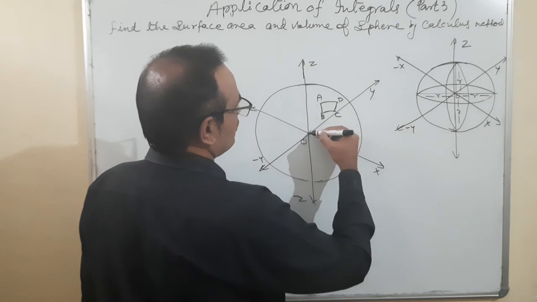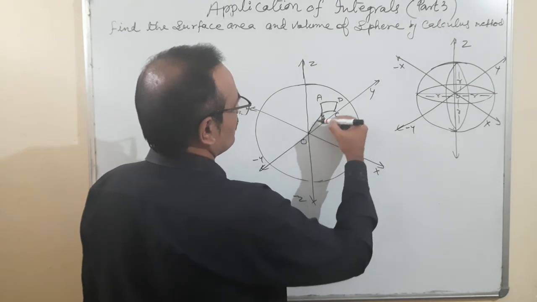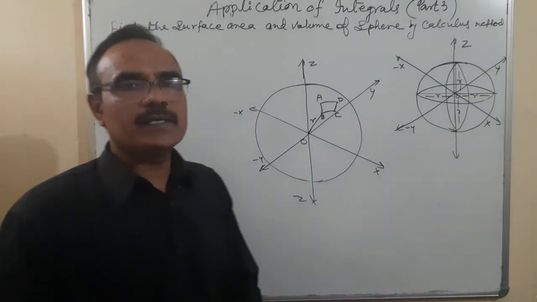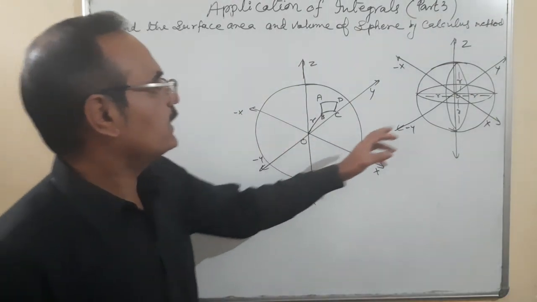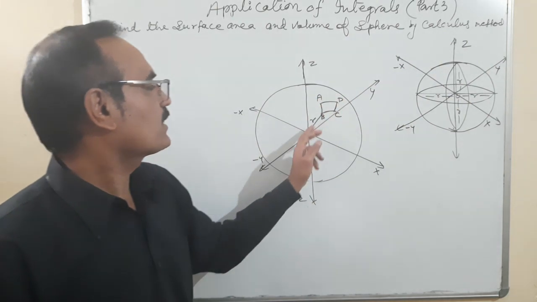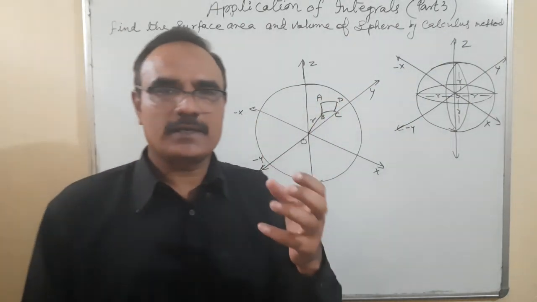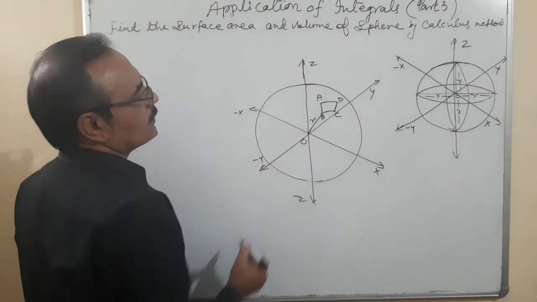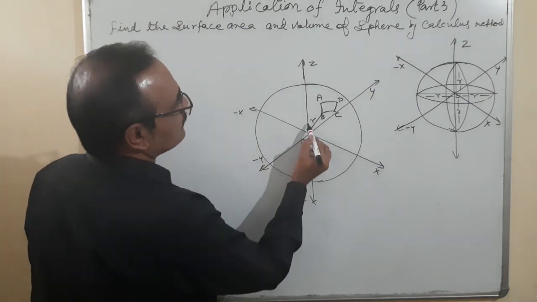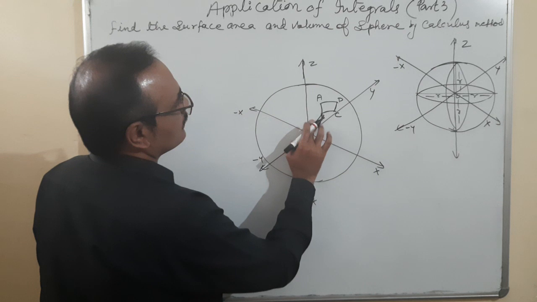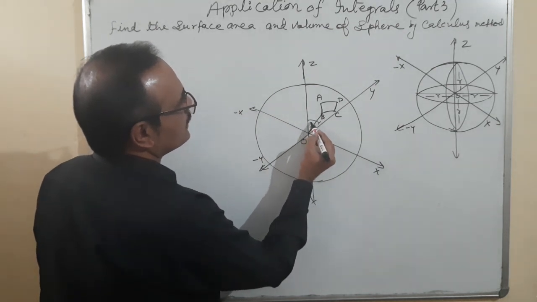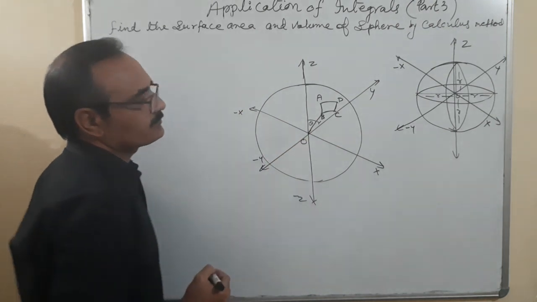This is joined from O to B. O to B is what? It is the radius of the sphere because you will treat that it is on the surface here. So what is the radius of this? The radius of this sphere is R. Okay, got it? The radius of the surface is R. This angle I have treated as theta.